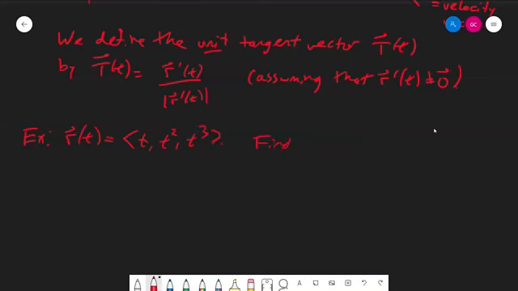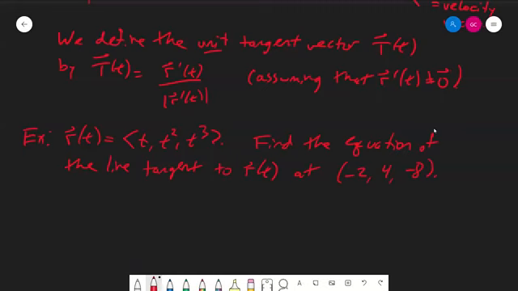And let's find the equation of the line that is tangent to r of t at the point -2, 4, -8.